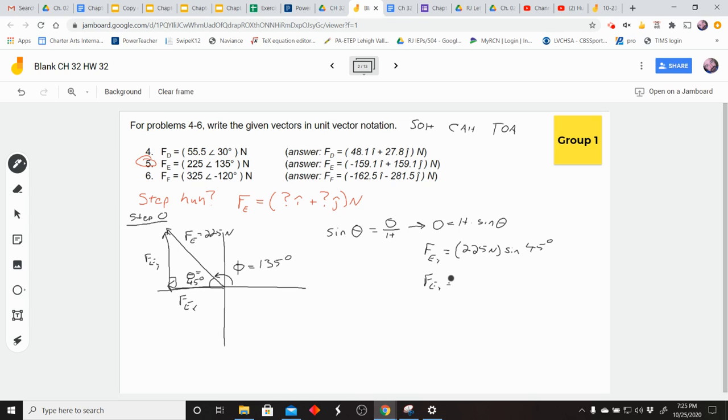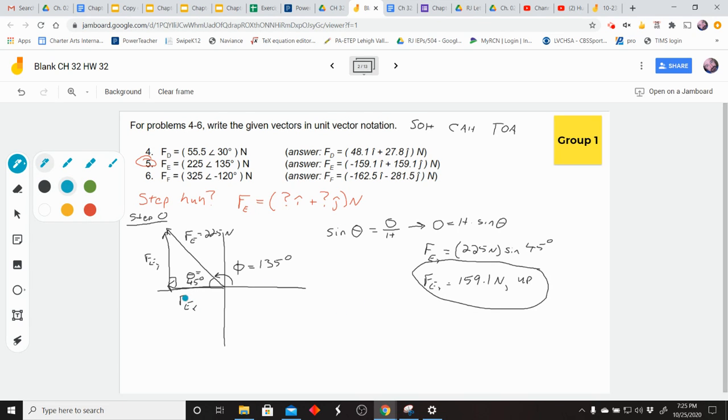And you will get 159.1. Which is more sig figs than I'm really supposed to keep here, but we're going to go with it. So 159.1 newtons. And this is up. You can see this component is going up. So let's remember that. That's going to be part of our answer, F sub E sub y. Might as well color code this.